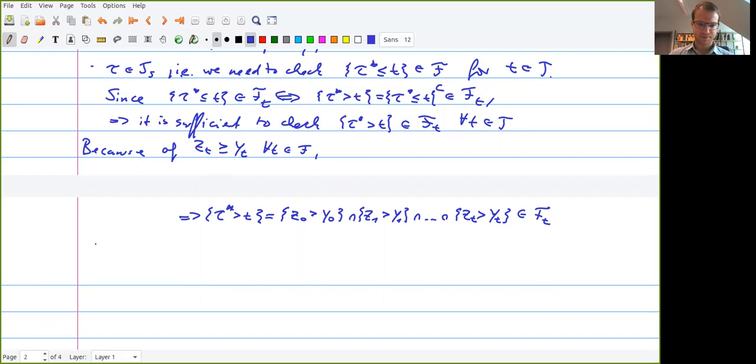Where we used that Y and Z are adapted processes.